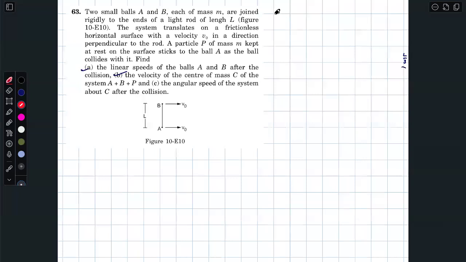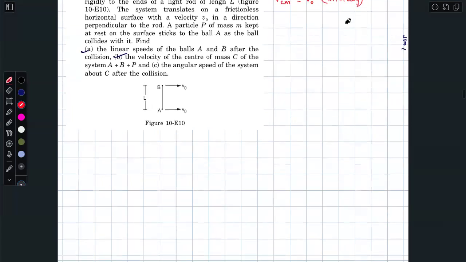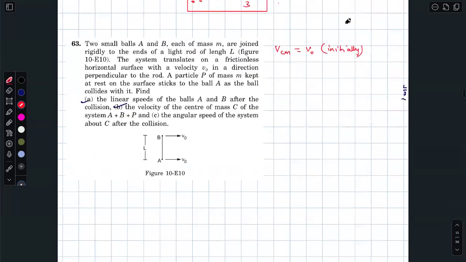Actually, the velocity of center of mass will also be V naught initially. A point P of mass M kept at rest on the surface sticks to the ball as the ball collides with it. Okay. So I need to show you two different situations.